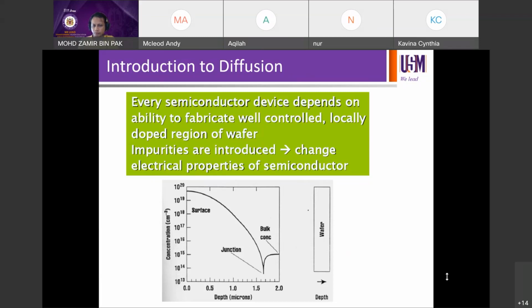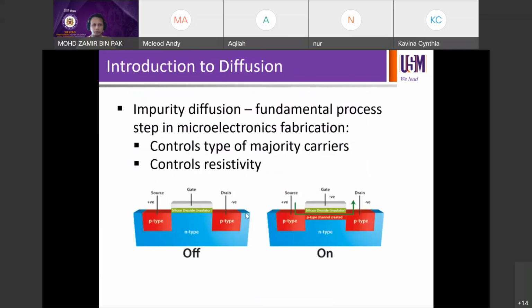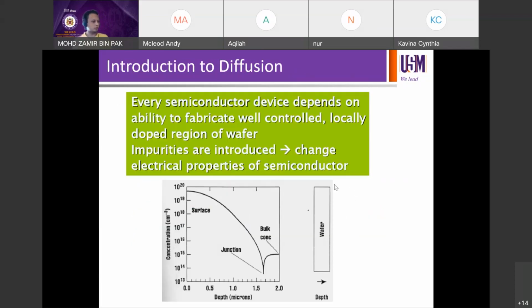So we stopped here. We discussed the doping process and then the profile that we will have on the surface of the wafer, on the surface of the silicon, when you dope your dopants, right? So either it's p-type or n-type.